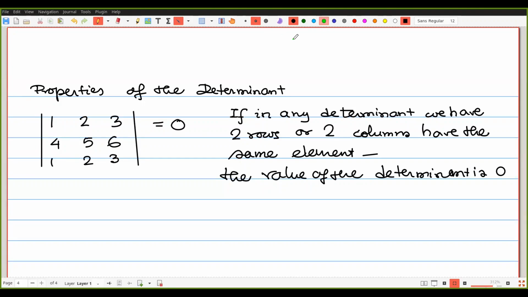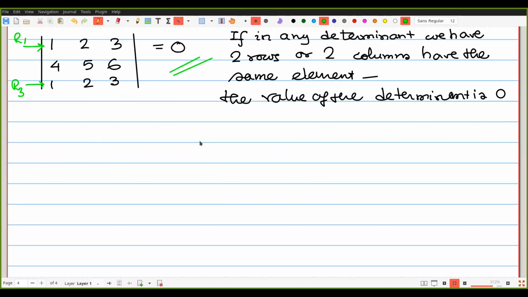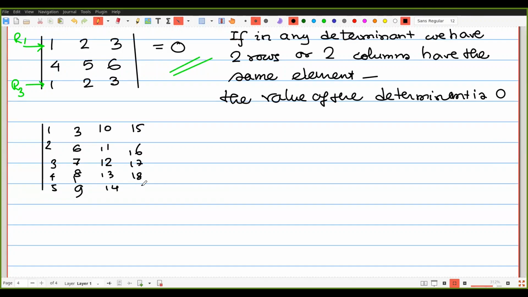Here we can check row 1 has the elements 1, 2, 3. Row 3 has the same elements 1, 2, 3. So obviously without any calculation we can say the value of the determinant is 0. Suppose we have a very big order determinant like 1, 2, 3, 4, 5, 3, 6, 7, 8, 9, 10, 11, 12, 13, 14, 15, 16, 17, 18, 19, 1, 2, 3, 4, 5.